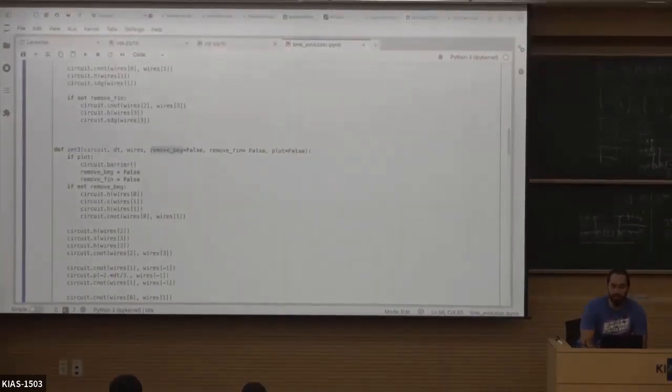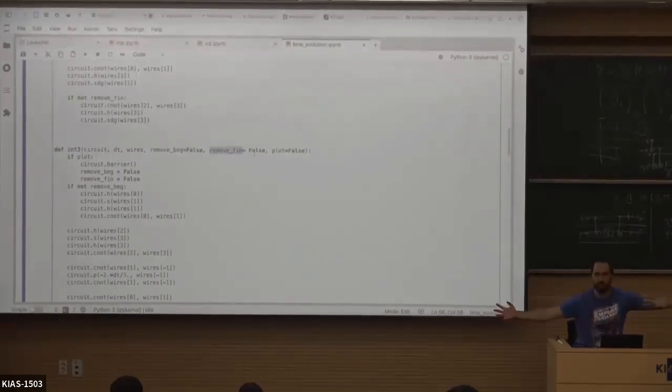Here, I have remove beginning, remove final, etc. As I told you before, since the terms cancel each other, in order to show myself that I implemented correctly, I initially put everything here, but remove final and remove beginning cancel out the terms that give me identity. If you set it to false, it will show you the entire circuit, but it's going to be expensive to calculate.